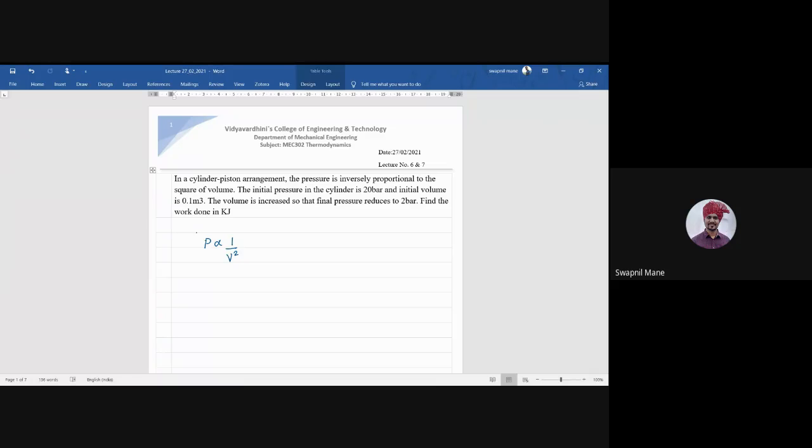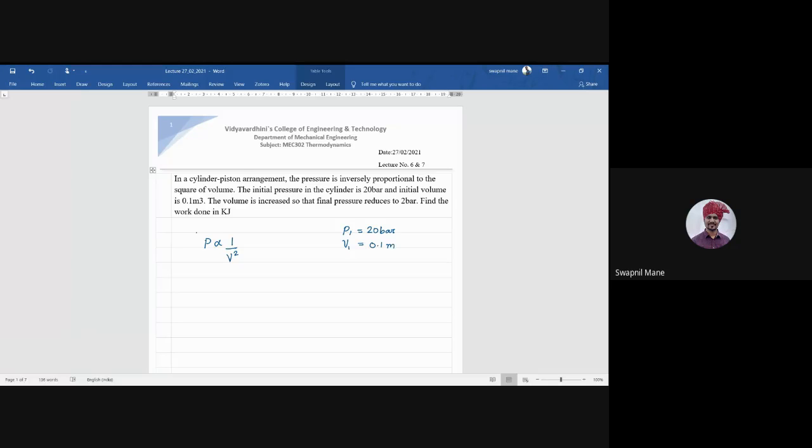The initial pressure in the cylinder is 20 bar, P1 is 20 bar, and the initial volume is 0.1 meter cube, V1.